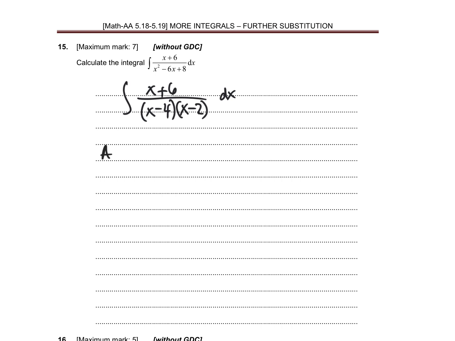So we're going to have a over x minus 4 plus b over x minus 2 equals x plus 6 over x minus 4, x minus 2. And same denominator.